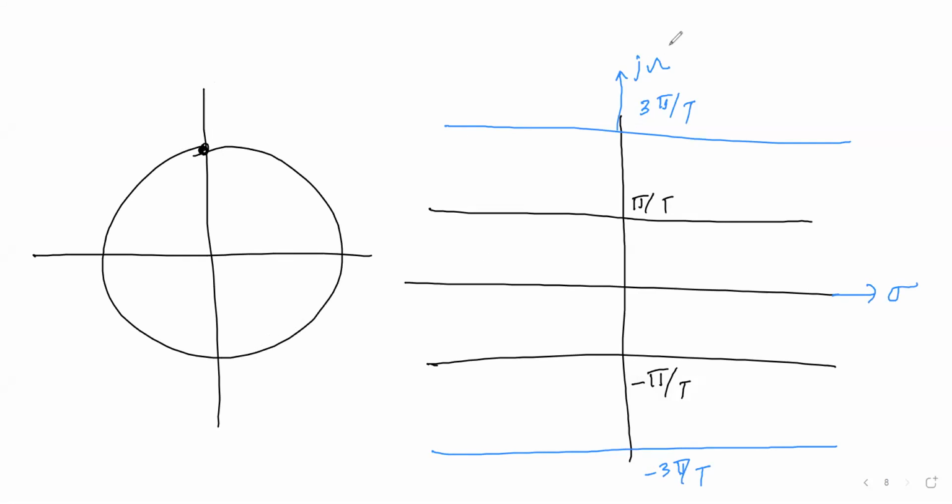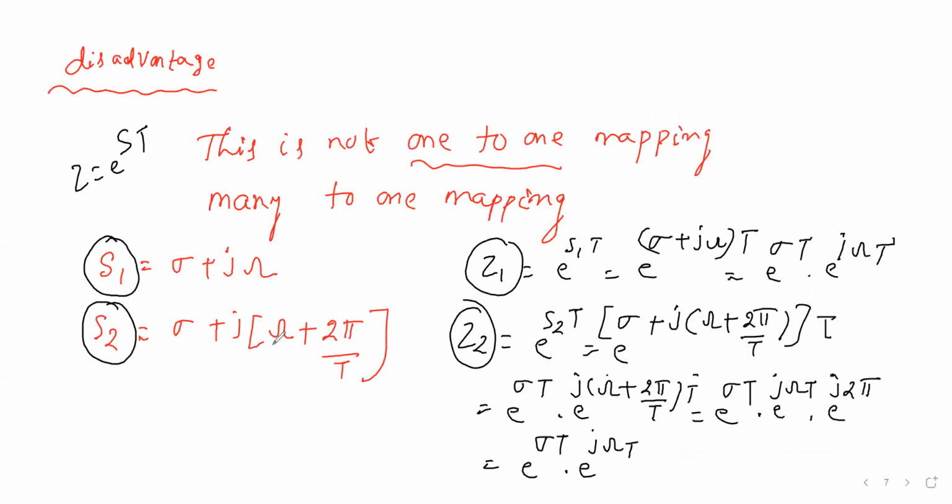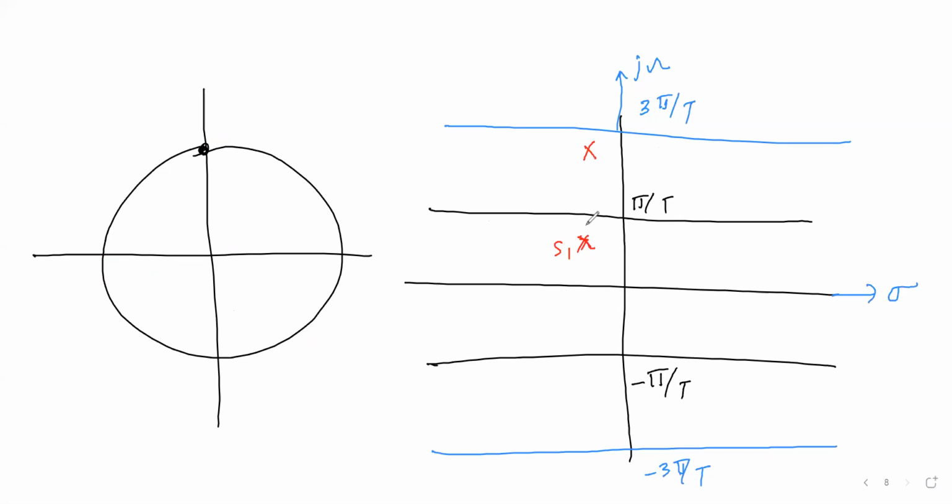Let us take one pole like this, S1. Then what is another pole? Another pole has the same real part, but the imaginary part is omega plus 2 pi by t. So the difference is 2 pi by t. I can take one pole here, and this is S2.